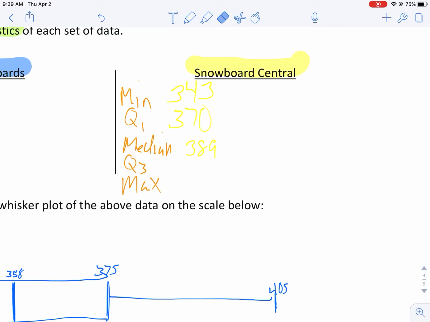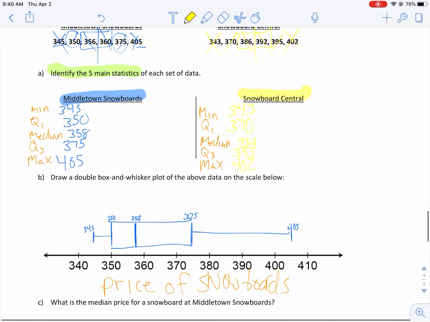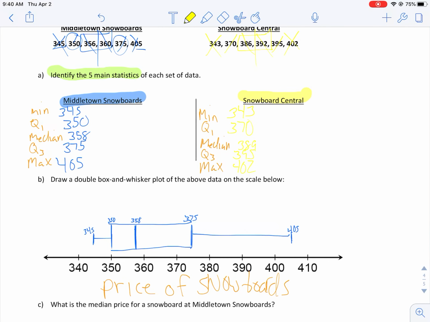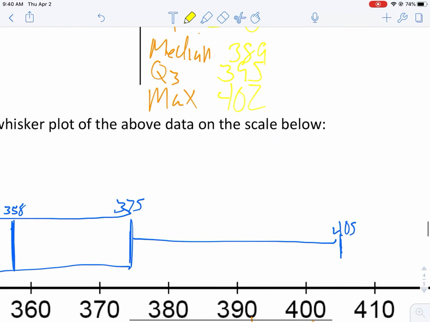Let me make him smaller so I can fit this in. 395 is Q3. And my max comes up to 402. Okay. Alright. So, let's put this plot right on top of the other one. So, Snowboard Central, that's because I think they're different colors. 389 is my median. My max is 402.